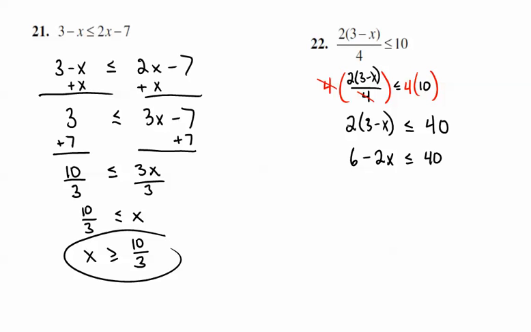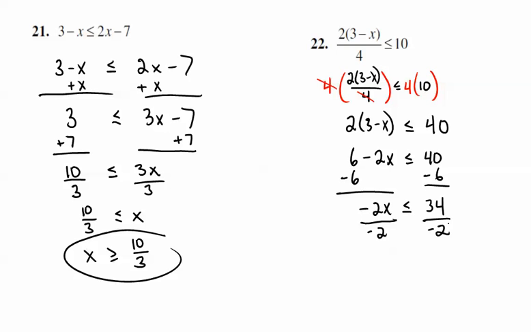Now our x's are in place already, so I'm just going to subtract 6 from both sides. And when I do, I am going to get negative 2x is less than or equal to 34. Now at this point, if I were solving an equation, I would have to divide by negative 2.